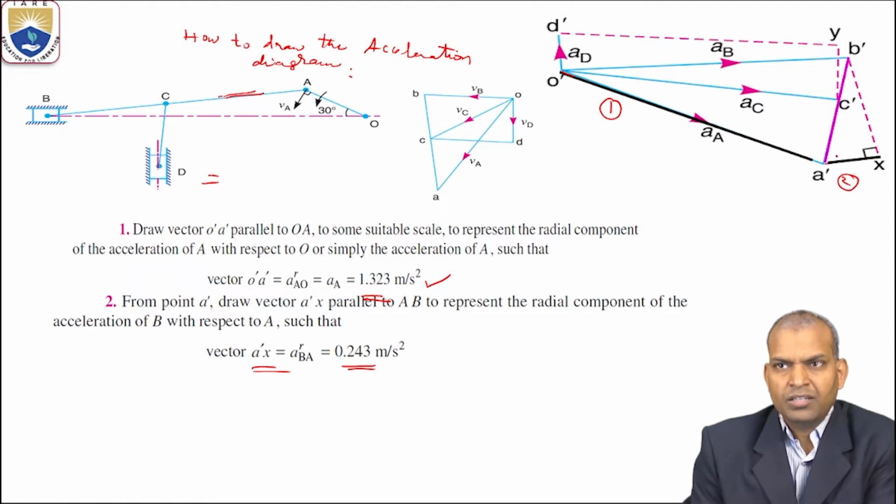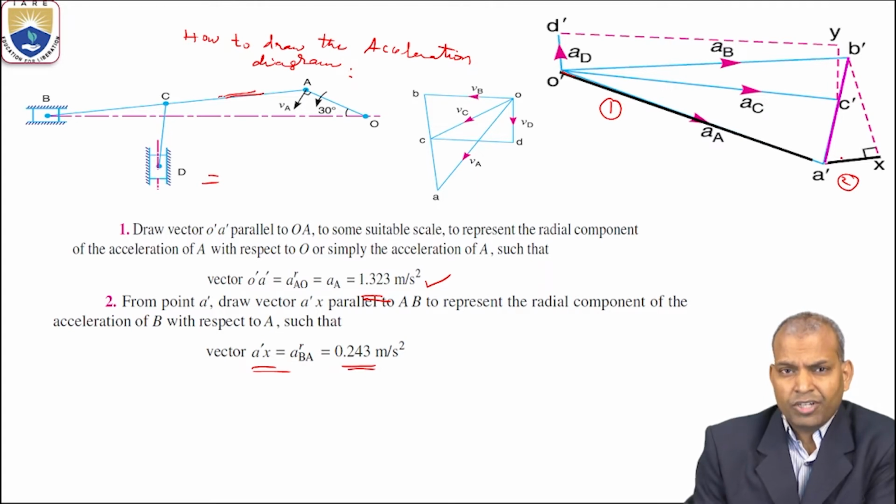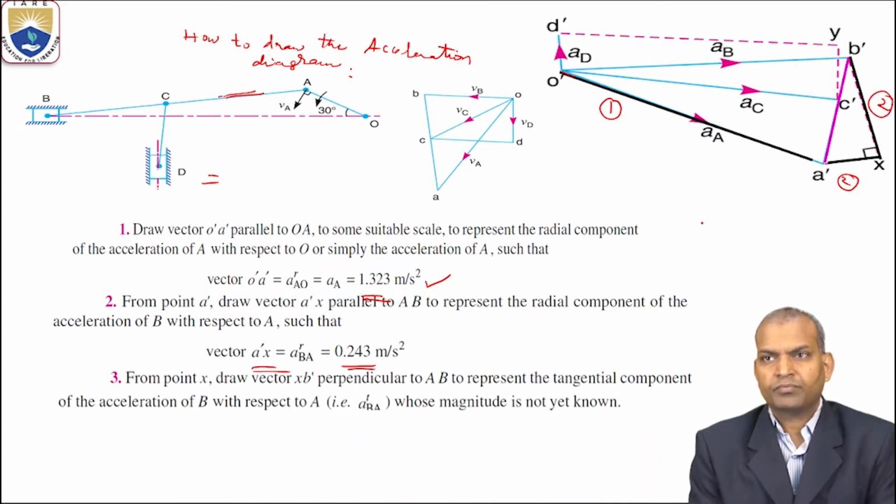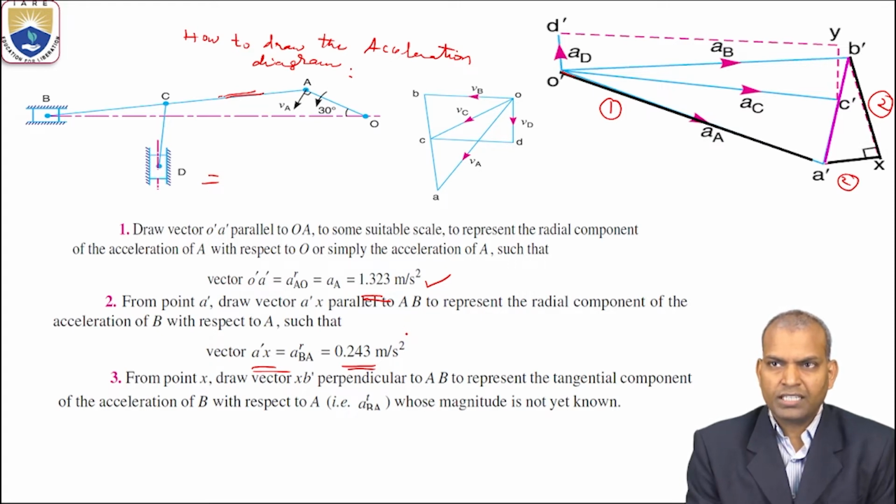With this, we draw a perpendicular line, that is the tangential component of acceleration of link AB. We don't know the magnitude, but we know the direction, so draw a line in that direction. But we don't know where it intersects. Then what to do? We have to go for the next step.